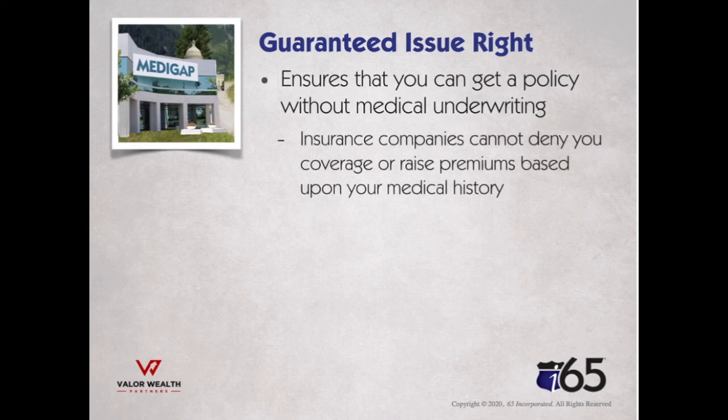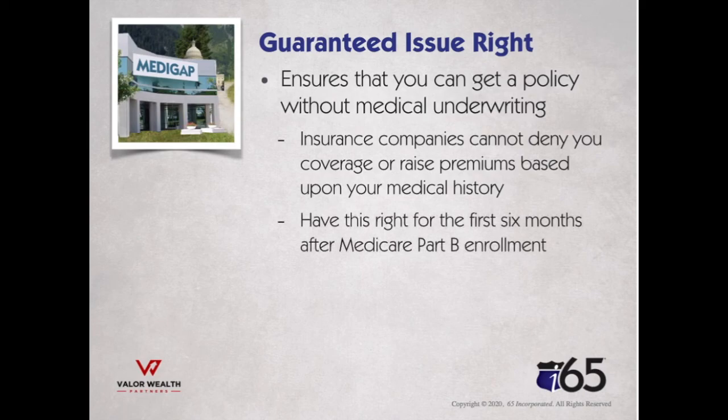When you have a guaranteed issue right, insurance companies cannot deny you a policy or raise rates based on your medical history. You have a guaranteed issue right to get a Medigap policy for the first 6 months that you are 65 years or older and are enrolled in Medicare Part B for the first time. Once both these are true, basically a clock starts ticking down until the expiration of your guaranteed issue right.